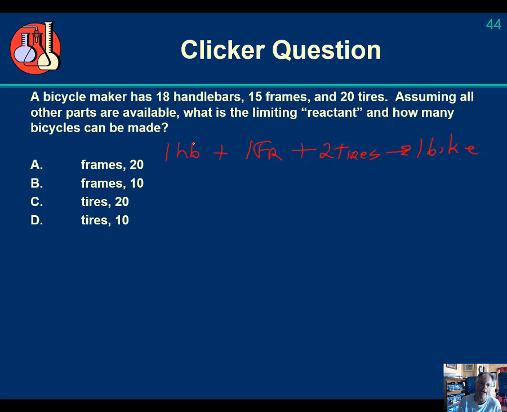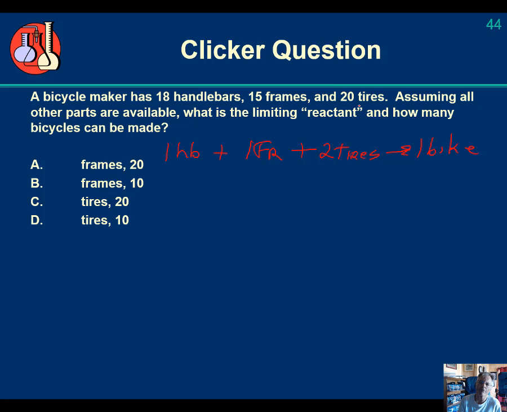On the other hand, I could assume handlebars and tires are in excess and just have 15 frames and do my calculation. Again, it's a 1-to-1 ratio, so in that case, I could only make 15 bikes. So between handlebars and frames, 15 is definitely the limiting component.